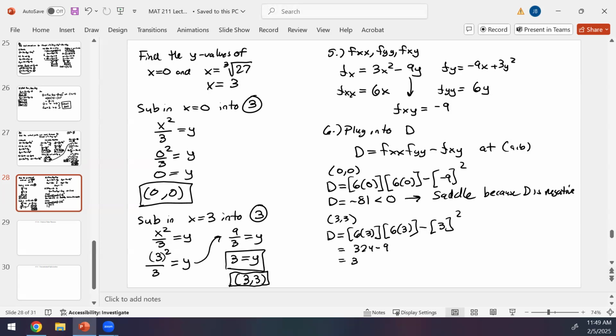And so I get 243, which is positive. And then that means I got to check fxx, which is equal to 6 times 3, which is equal to 18, which is positive. So because they're both positive, that means we have a local min.